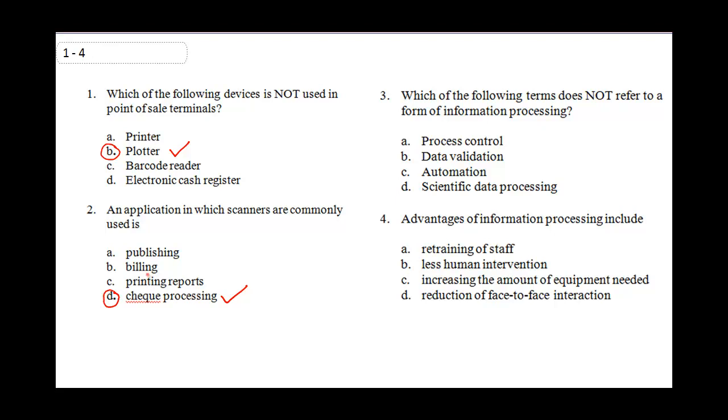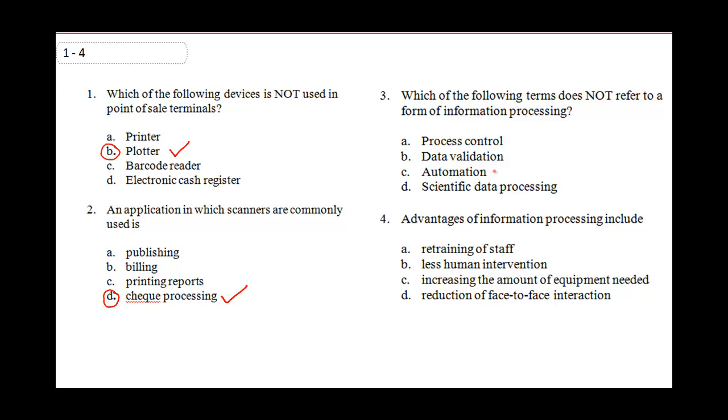Now, question 3 says, which of the following terms does not refer to a form of information processing? A, process control, B, data validation, C, automation, D, scientific data processing. Now, it's asking which of them is not a form of processing information. When you do process control, you are processing information.